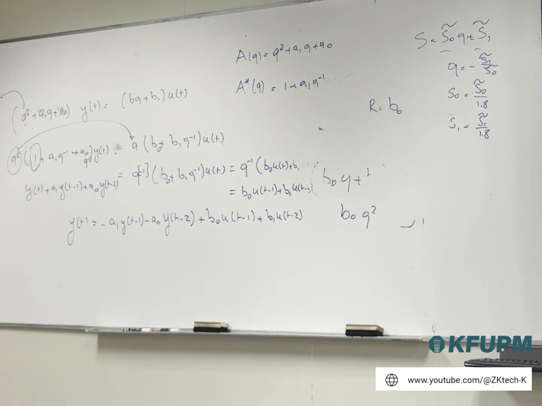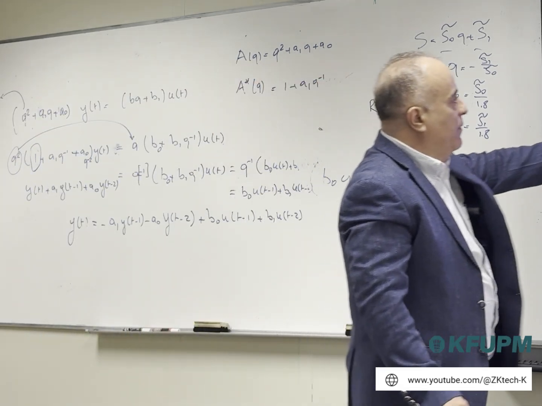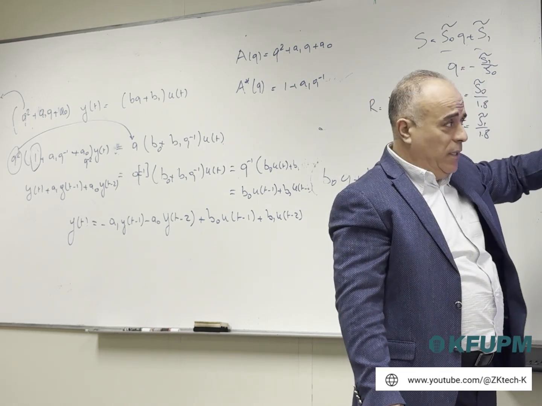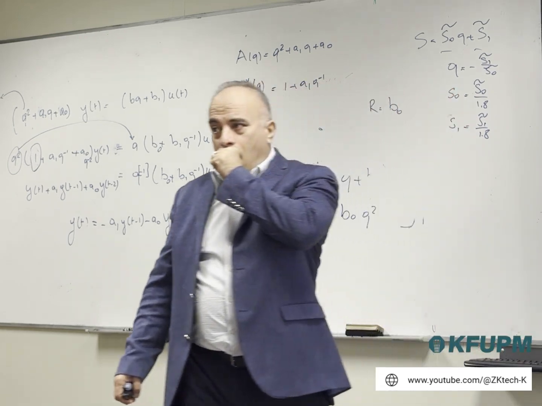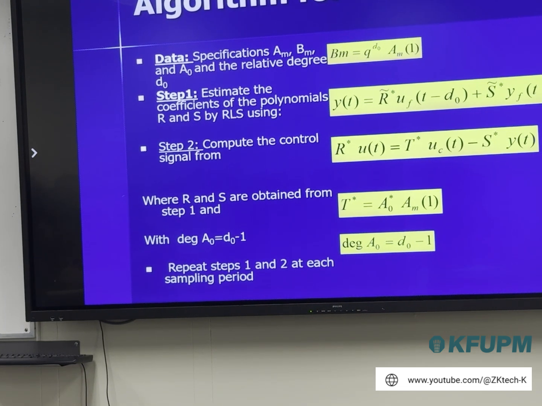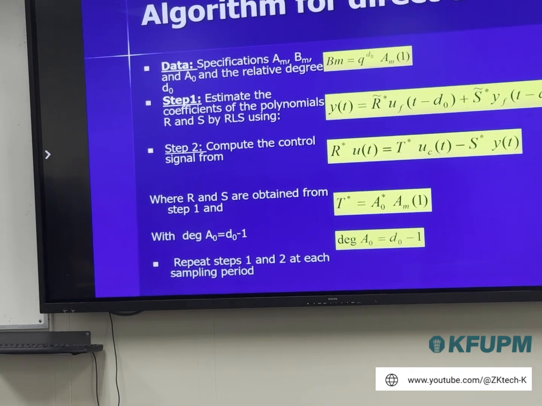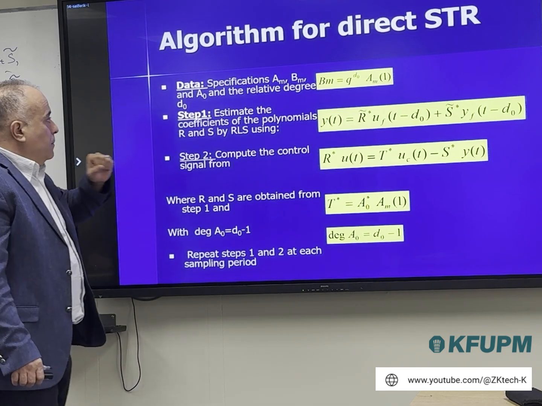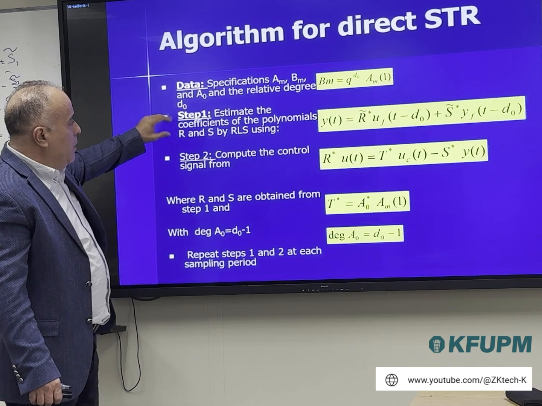All right. So this is exactly what the algorithm will tell you to do. Basically, we start with the specification of Am and Bm and the value of degree of A0. All the analysis that we did before stays exactly the same, which means that the model structure of the plant is fixed, does not change. Everybody understand that? So we assume a model of the plant, you don't know the plant, but this model is going to be fixed during all the design period. Based on that, we identify what should be the value of B0.